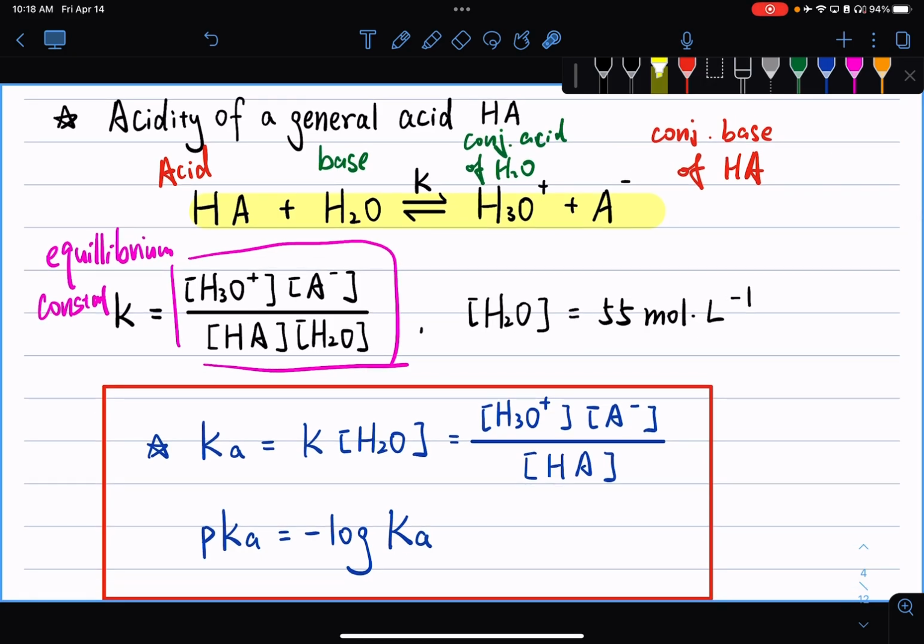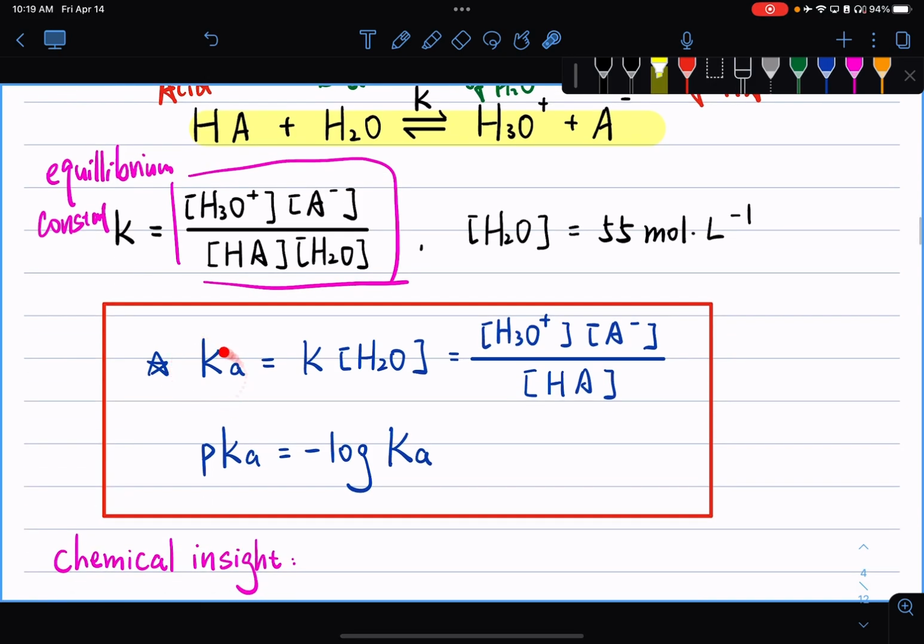Back to acid-base. Now we have an equilibrium constant for this generalized reaction. And we know in this process, the concentration of H2O is a constant, so people developed new values like Ka. Ka is defined as the equilibrium constant times the concentration of H2O, which is a constant.